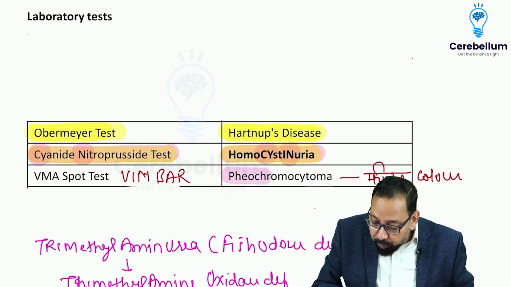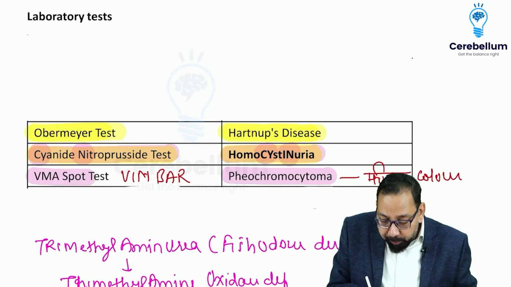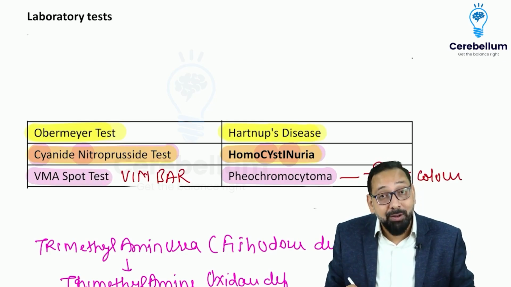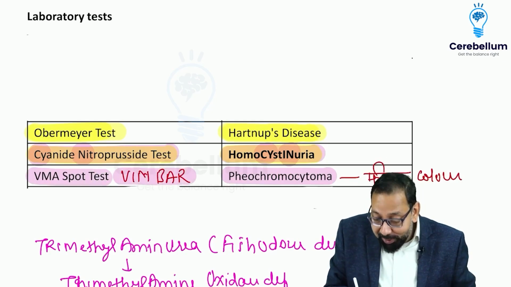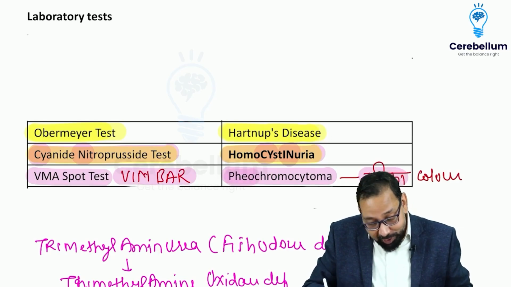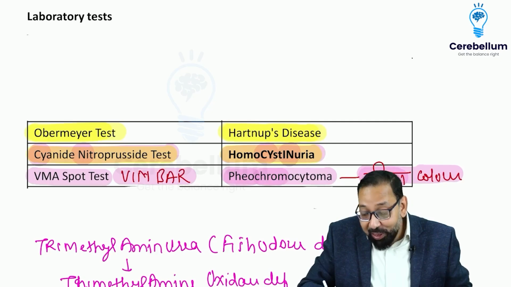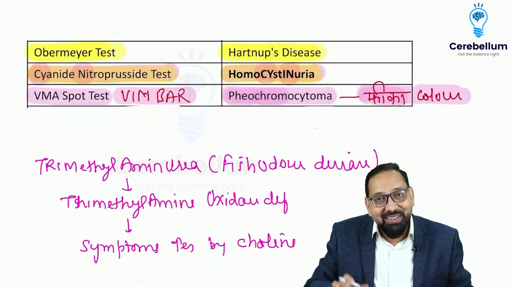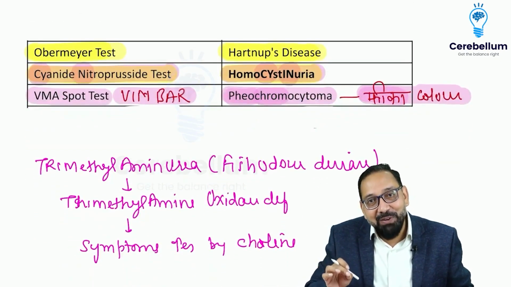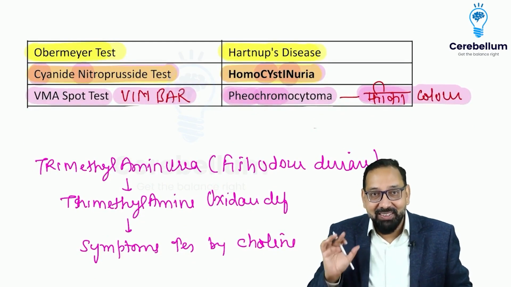For pheochromocytoma, we do the VMA spot test. The mnemonic is WIMBAR. Pheo means feca, chromo means color, so feca color, that is pheochromocytoma by the VMA spot test.